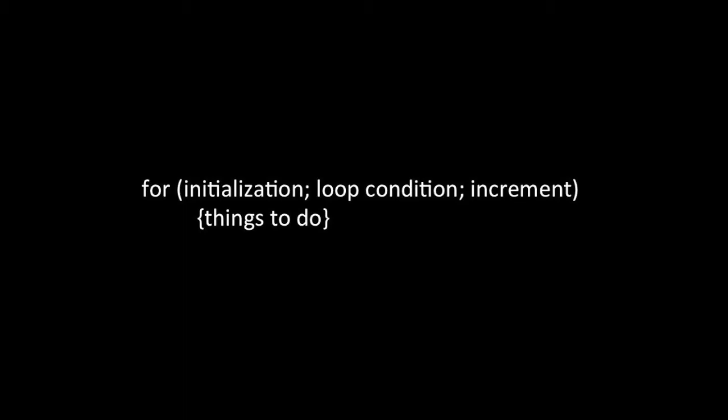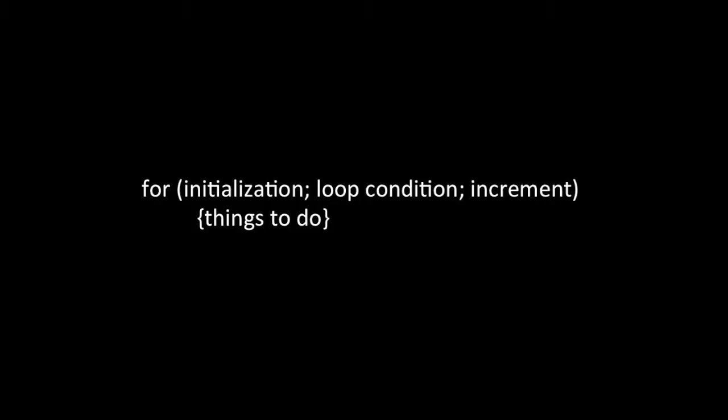There's the loop condition, which looks at that variable and determines whether or not to keep executing the loop. And the third argument is an increment. It changes the value of the variable so that we expect at some point the logical value of the loop condition will be false and we'll stop executing the loop. The body of the for loop will be a set of statements, things to do.